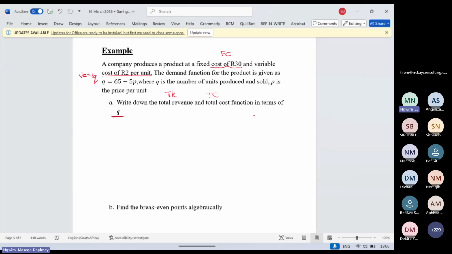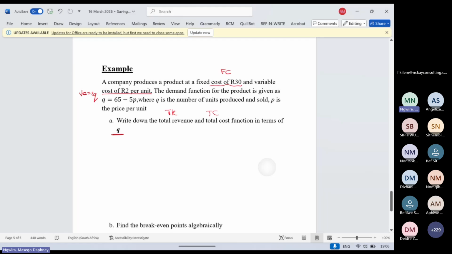In terms of Q, it means it's Q is equal to. And for me to calculate the total cost, I need to have my variable cost.